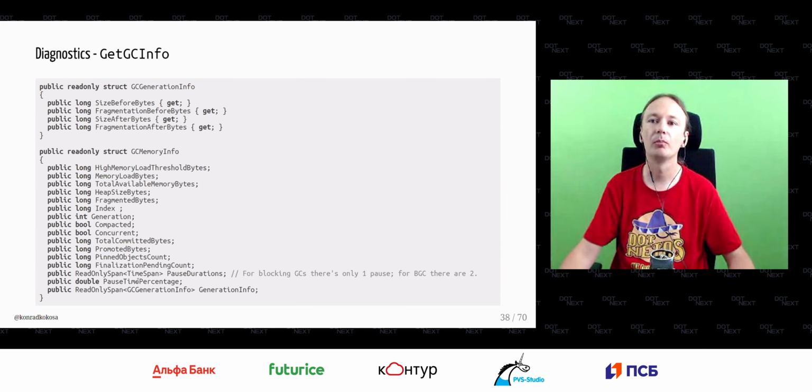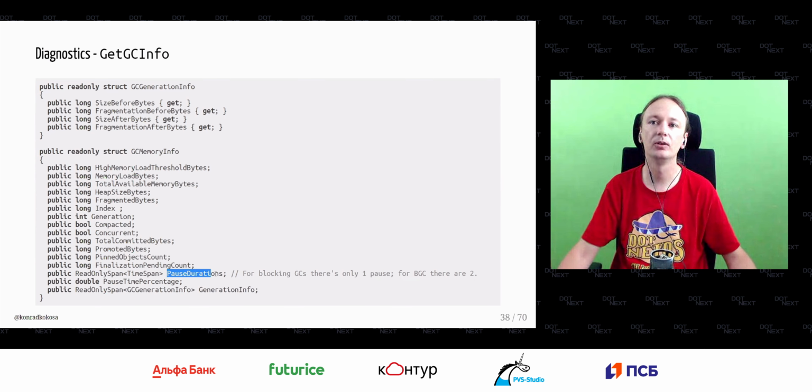So we will have, for example, information about every generation, and for the very first time in such a convenient way, we have an API for seeing, for example, what the fragmentation was before the GC and what it is after the GC, or what the size was before the GC and after the GC. So a lot of very nice information.